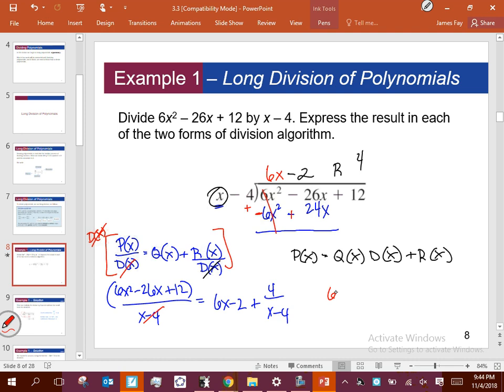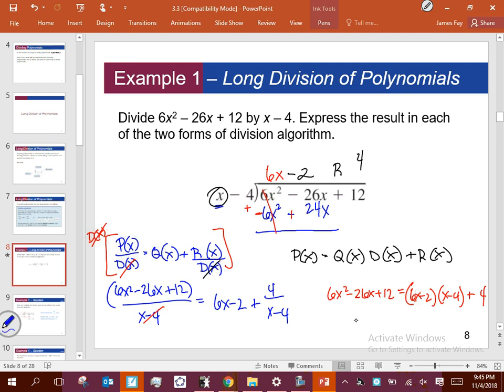It gives me, on the left-hand side, 6x squared minus 26x plus 12 is equal to 6x minus 2 times x minus 4, plus, since I multiply the remainder by x minus 4 as well, it just leaves me my remainder of plus 4.